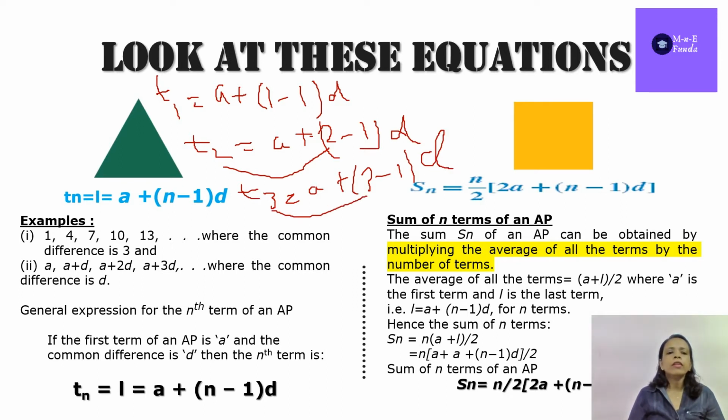So for the nth term, it will be Tn equals A plus n minus 1 multiplied by D. So it is like this. So this expression is Tn equals A plus n minus 1 into D.